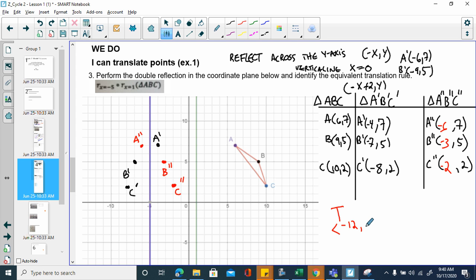So we can leave it as just y, or 0 for the second part. We can write it in vector notation, which looks like this, or we could also write it this way. We could say x, and then we're going to the left by 12, and then y is not changing. Either way will work. These are two ways of writing the translation.